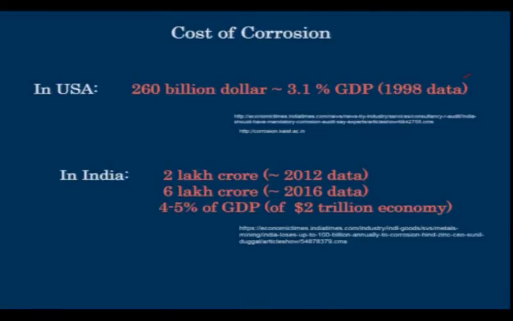So, that means from 2012 to 2016, the increase in loss of money due to corrosion is of the order of around 300%. It is quite a bit actually. Then it is also 4 to 5% of the GDP of our country, which is almost a $2 trillion economy. So, it is quite a bit of loss.